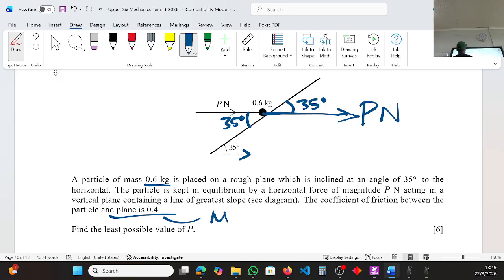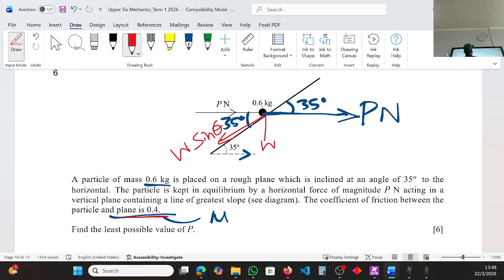So if we want the least possible value, what we need to realize is this object has got its weight, and pulling it down the plane, we have W sine theta. But we are told that this plane is rough, so it implies there's friction. And friction is going to take a side which depends on the direction that the object is likely to move. You say it's in limiting equilibrium, it's about to move.